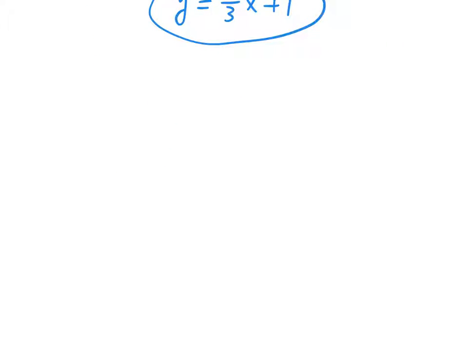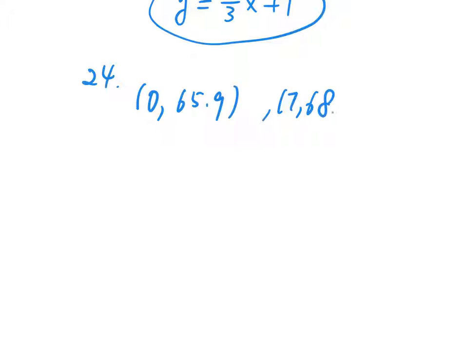So 24. From the story problem, we have the 2 points. So (0, 65.9), which means in year 1994 the life expectancy is 65.9, and then in 2001, which is 7 years later, the life expectancy is 68.5.